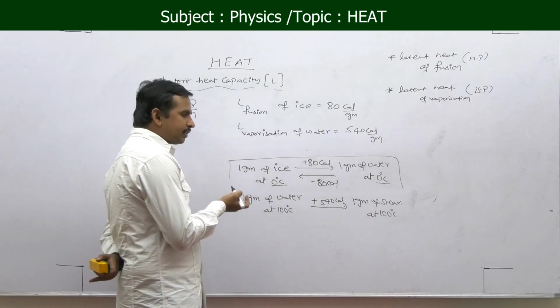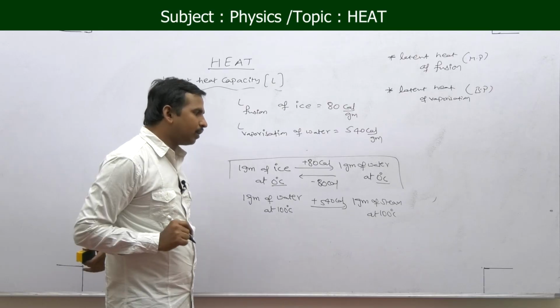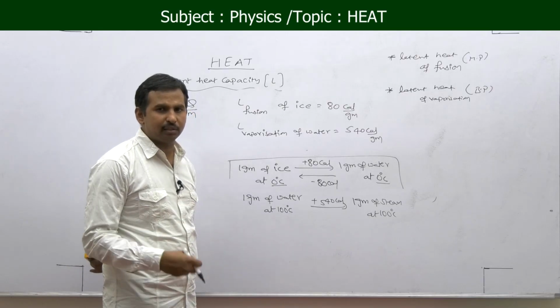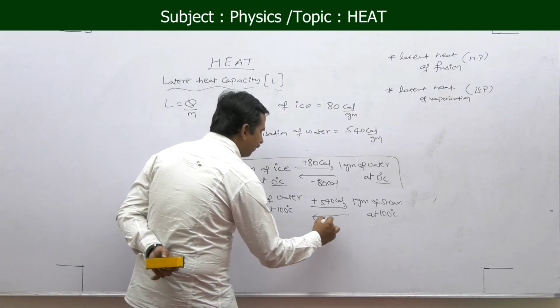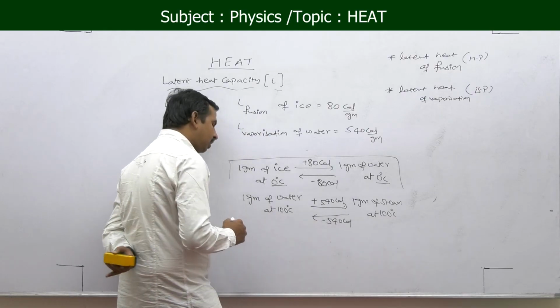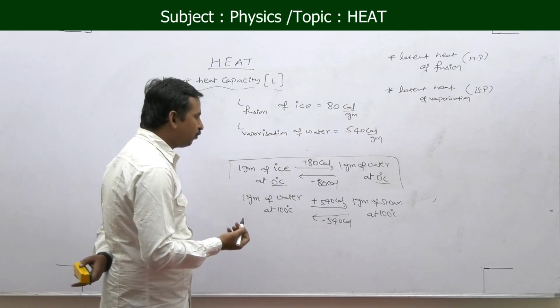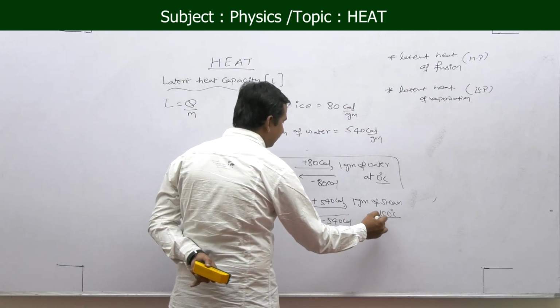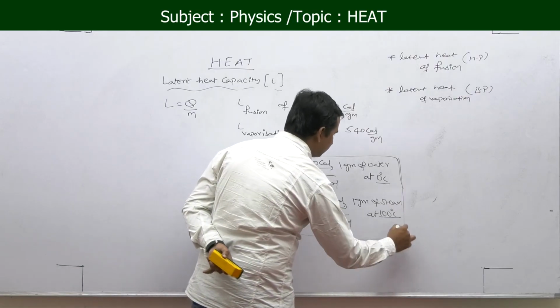In the same way, for the reverse, if you cool 1 gram of steam at 100 degrees Celsius, it gives out 540 calories of heat and becomes 1 gram of water at 100 degrees Celsius. Again, no change of temperature. This is the example.